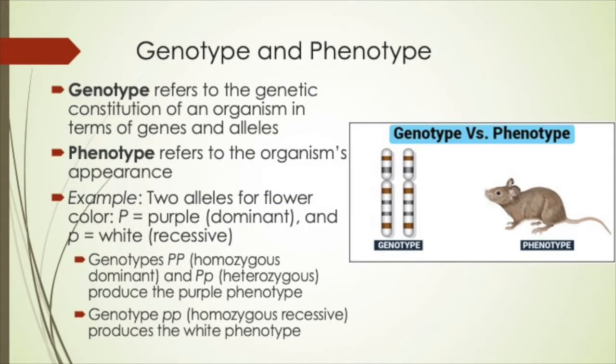Genotype and phenotype. Genotype refers to the genetic constitution of an organism. Basically, it's genes and alleles. So, if I told you the genotype of something, that would basically be the illustration of its alleles.